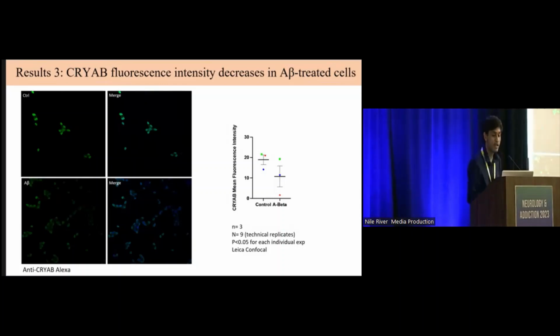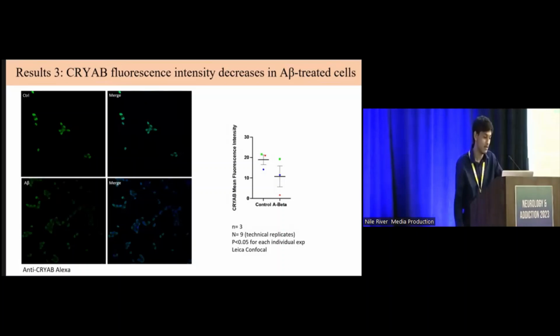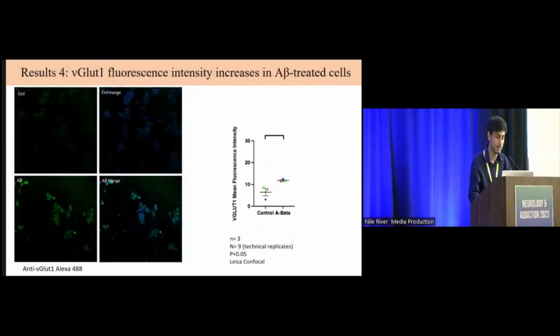And that reduction for each experiment was significant. Again, when you calculate the mean, the significance is lost. But for every biological and technical replicate that we performed, the result was significant. And we thought that we had an idea that yes, CRIAB is decreased, but this also required further investigation, which I will touch upon later in the presentation.